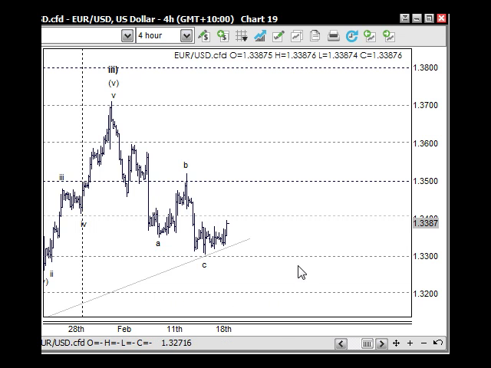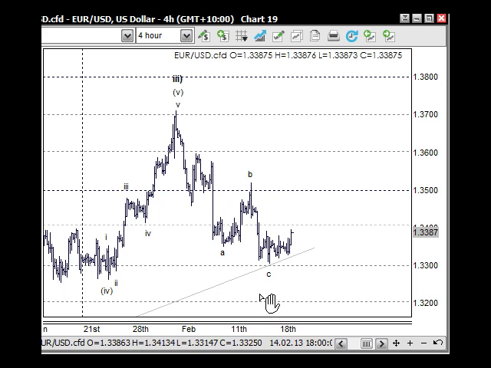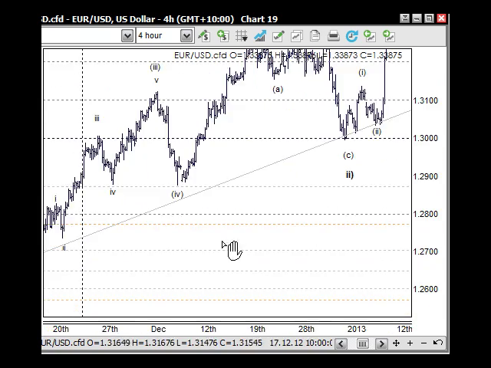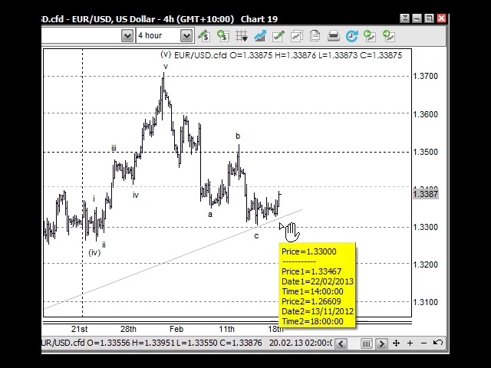So when we're looking at the euro here, in the morning report we've always had this count in terms of the A, the B, and the C for the A wave, the B wave, and the C wave coming through here and sitting on this nice trend line. So we are seeing this bounce here.